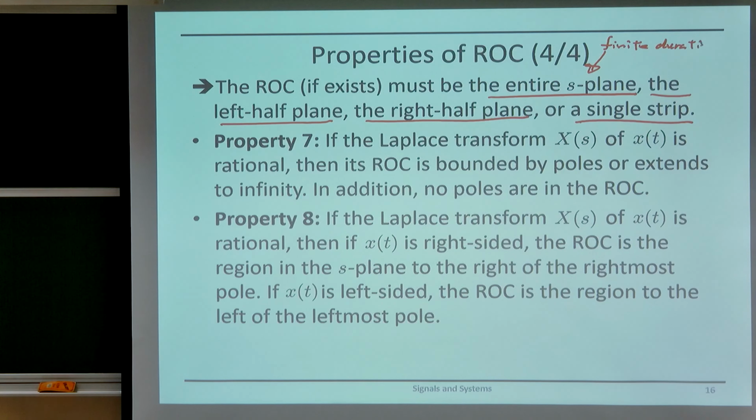And what would have a left half plane as the ROC is a left-sided signal, okay? A right half plane will correspond to a right-sided signal, and a single strip will correspond to a two-sided signal, okay?